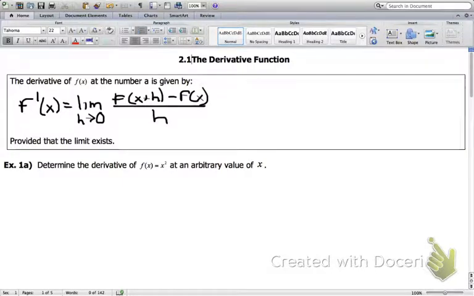Recall that this is very familiar to you, as this is the same as when you're finding your slope. So this f prime is just read as f prime.